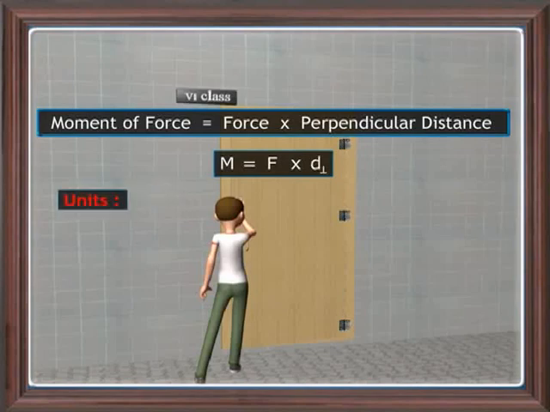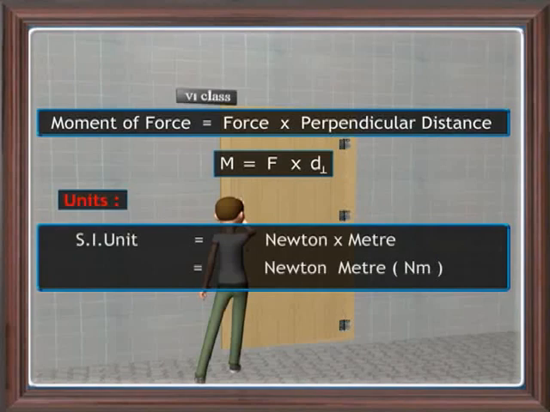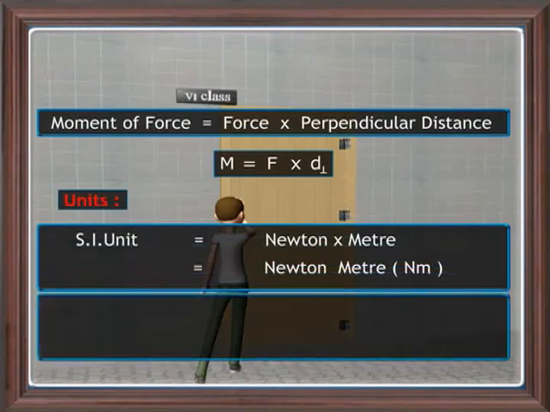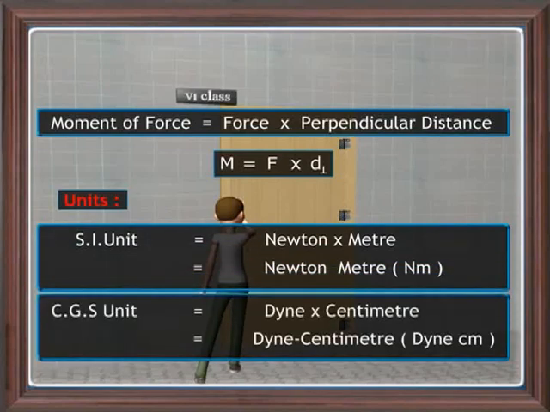The unit of moment of a force under SI system is Newton meter or Nm, and under CGS system is dyne centimeter. Remember, moment is a vector quantity.